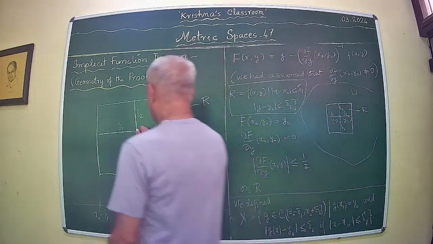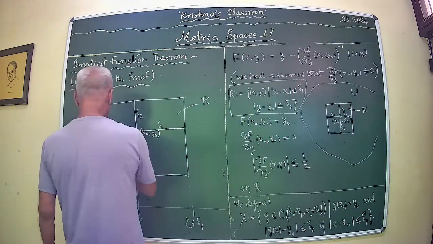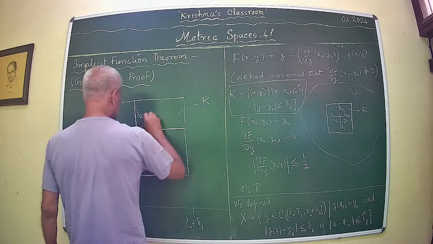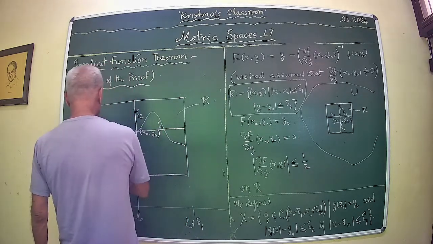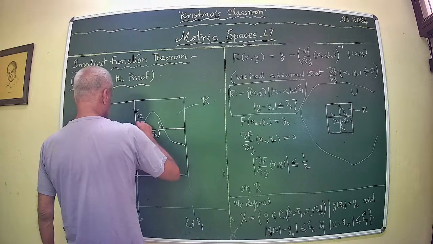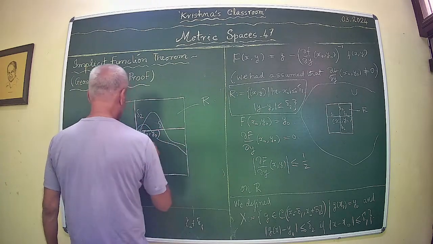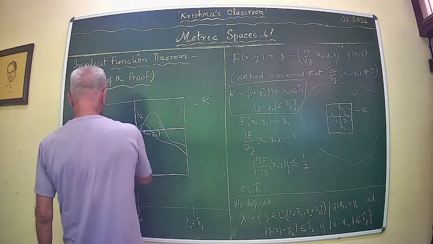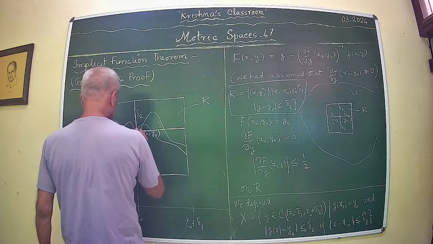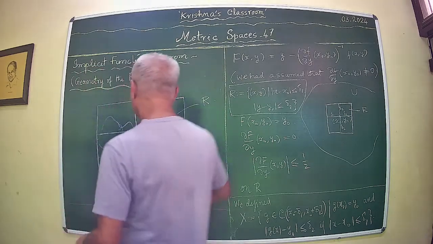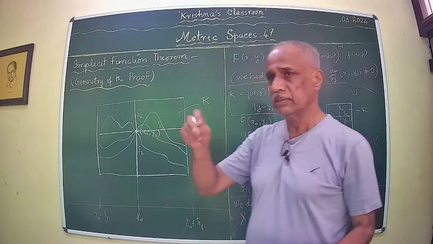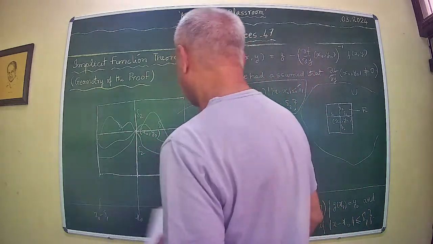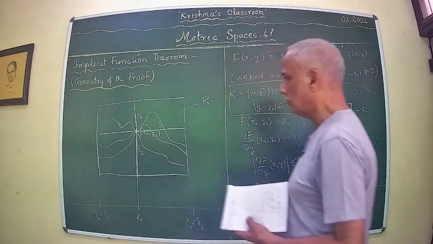So all those continuous functions, the graph is something like this. It's also a bundle of fibers held tied up at this point x naught y naught, so that all these curves pass through this.